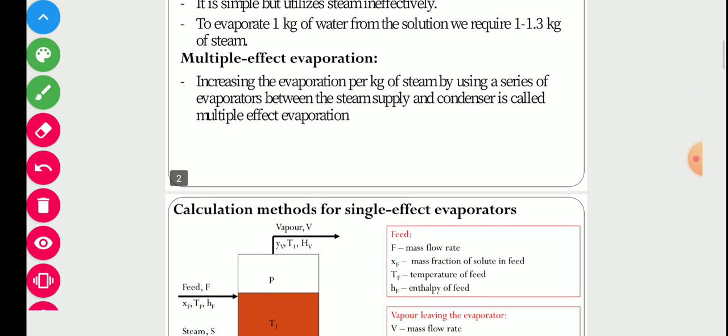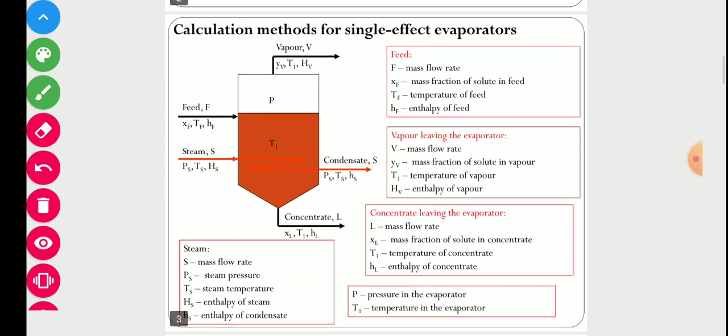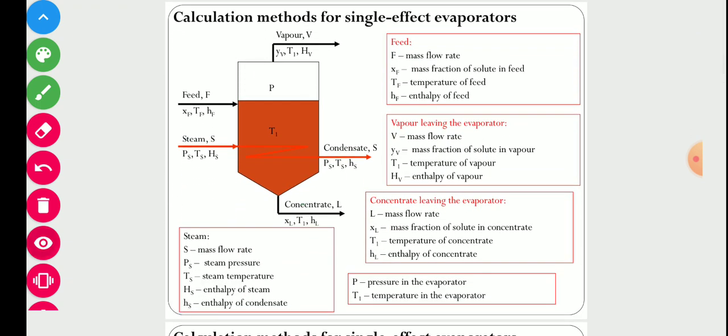Now first of all, we will start with single effect evaporation, and we will discuss the general calculations required for such a unit. So let us consider we have a single unit of evaporator in which we have a feed.